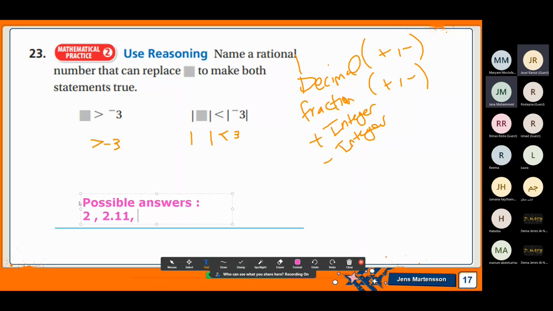Maybe, teacher, 2.75. -1.2. Okay, -1.2. Is it greater than -3? Yes. And is its absolute value less than 3? Yes. So, teacher, 1.5. It's greater than -3 and its absolute value is less than 3. So all of these numbers are possible.